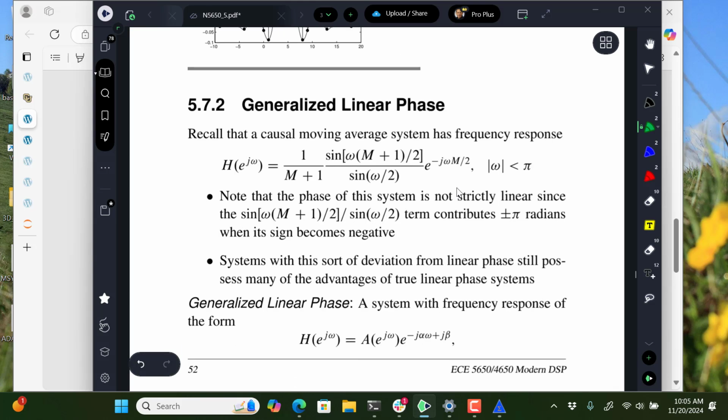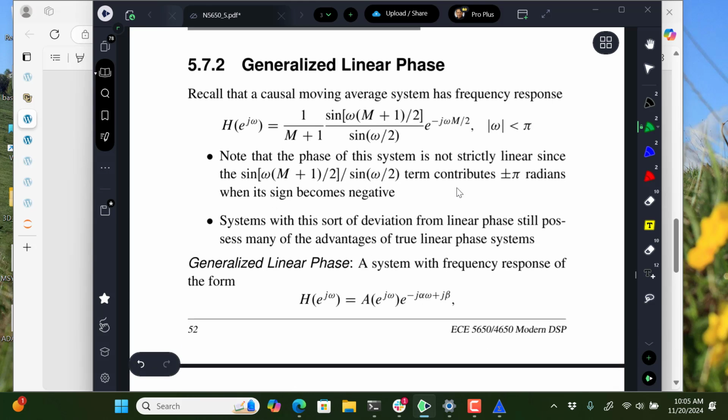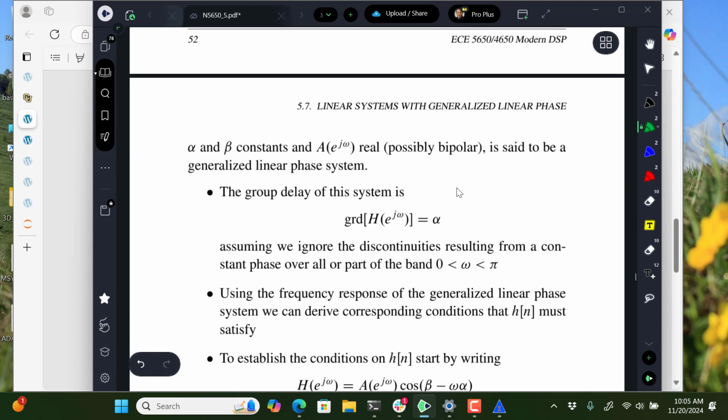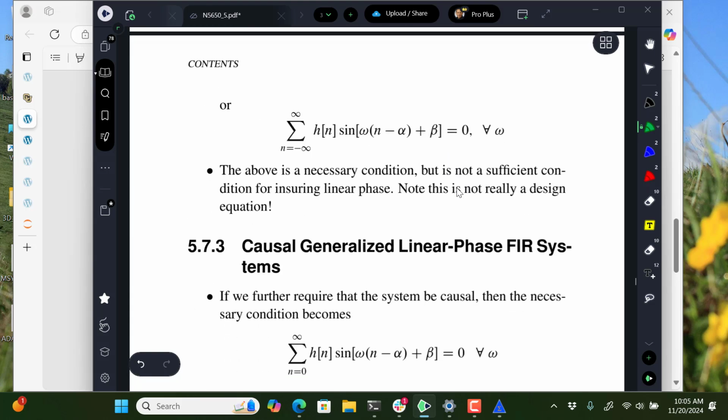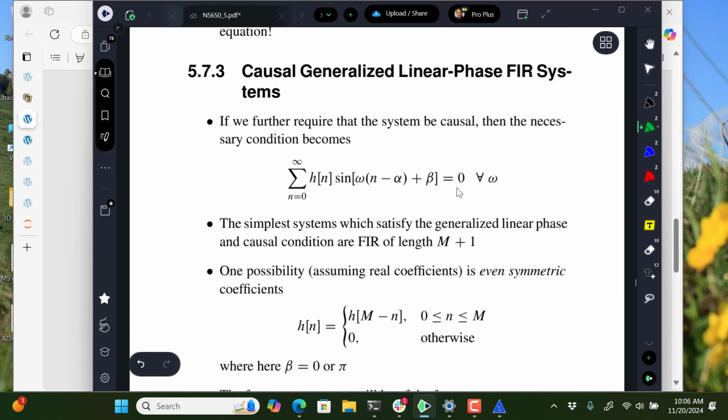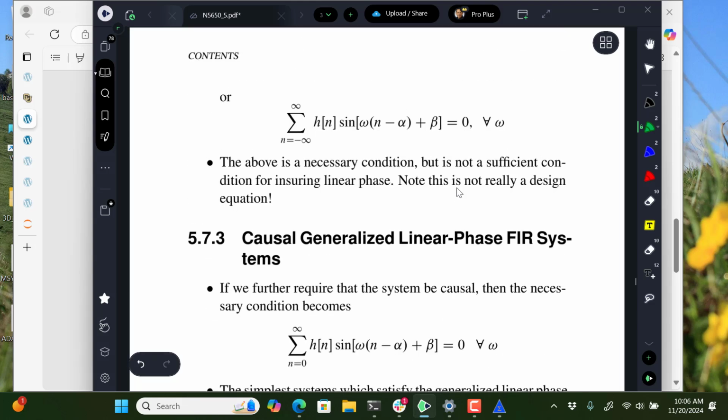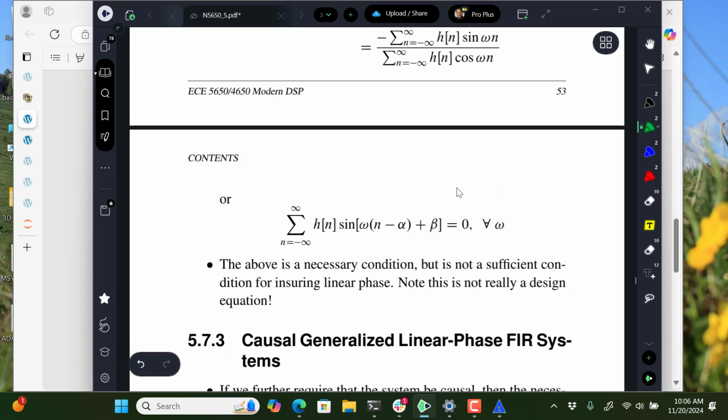So that leads into this concept of generalized linear phase, and more discussion on that, a lot of grinding around in here, which comes down to, at the very end, an equation. And this is just the nature of engineering math, I think, that we've all dealt with.